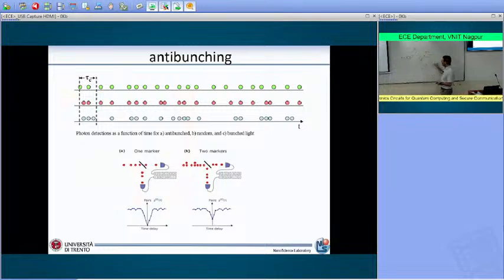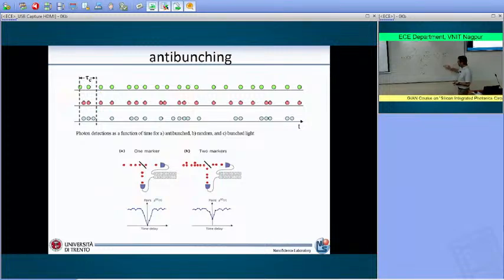If we have a detector here and the photon goes here, the detector clicks. If the photon goes there, the detector clicks. What does it mean, click? It means that it measures the photon. So you have a click here and a click there.